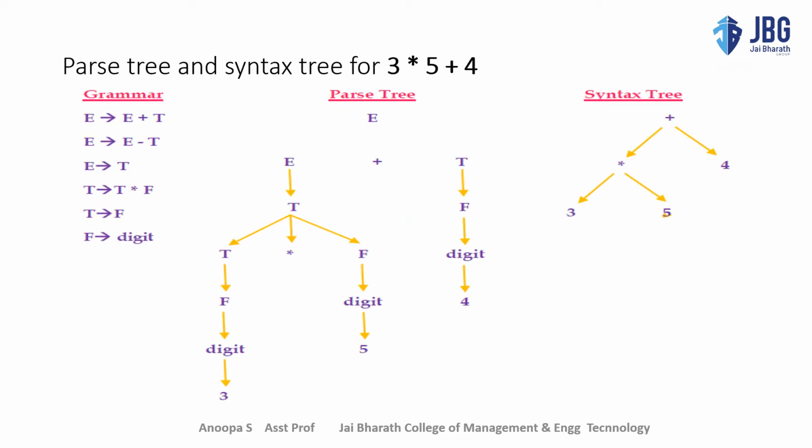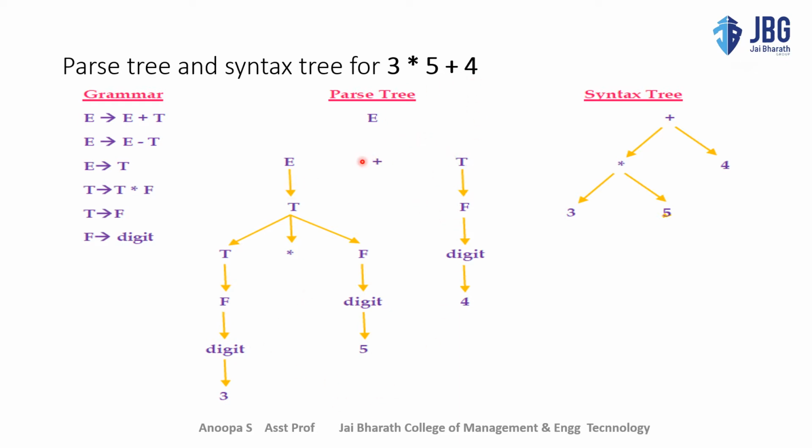So this is the difference between a parse tree and a syntax tree. We have a particular string here, 3 * 5 + 4, and this is a grammar. So we have seen this grammar again. Now for 3 * 5 + 4, how will we create a parse tree? We'll start from here, right? We will substitute each and every production.